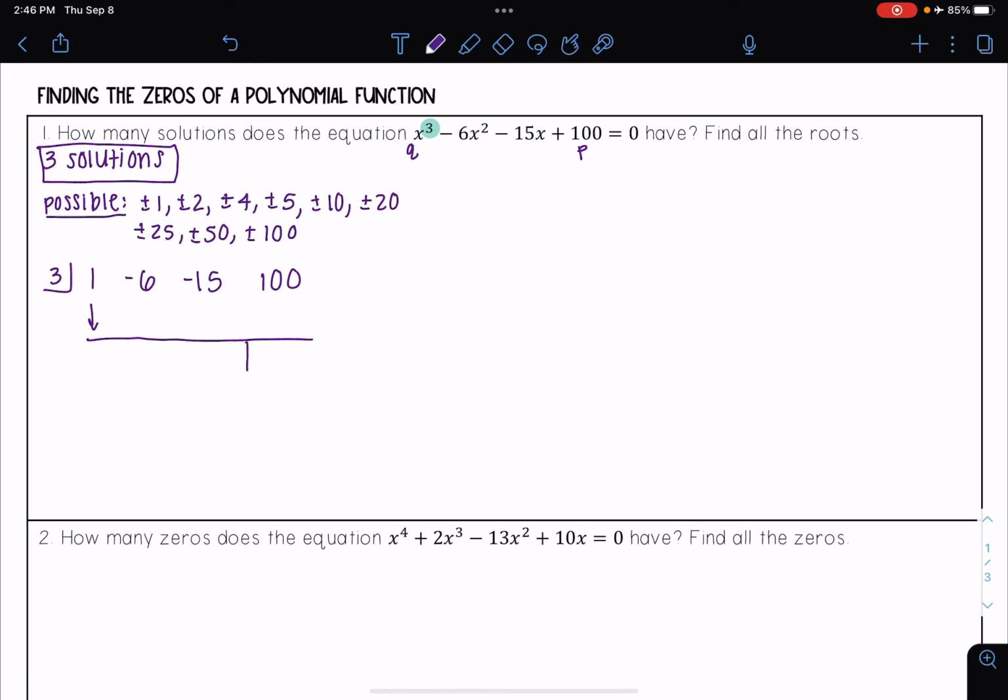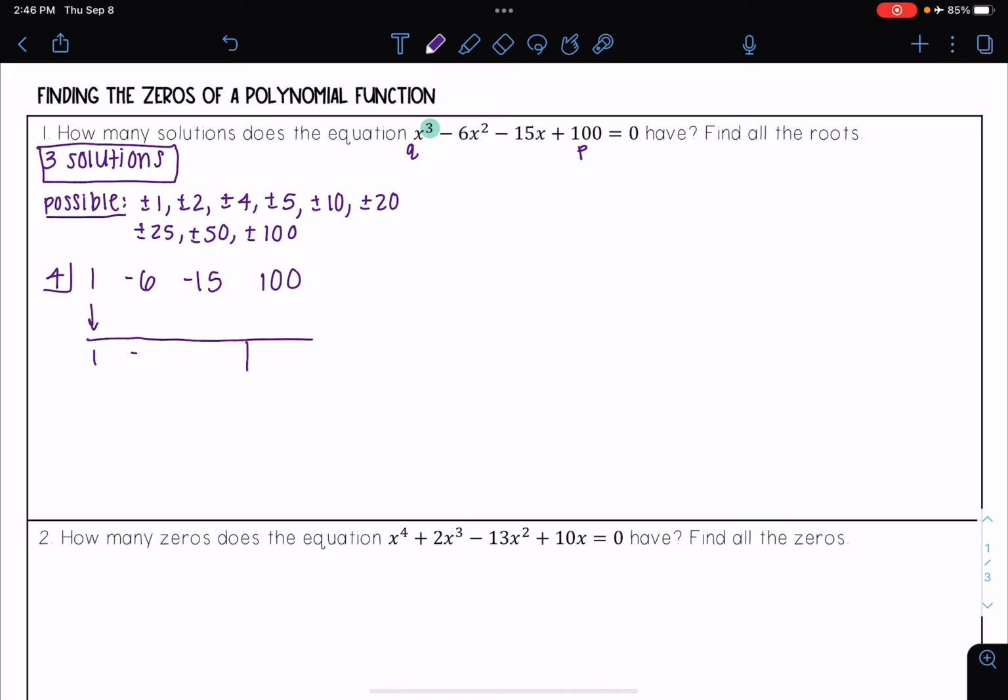Now we'll try 3. -15 minus 9, I get -24. That also does not give me -100. So it's not 3. Now we'll try -3. -27 minus 15, I get 12. Nope.